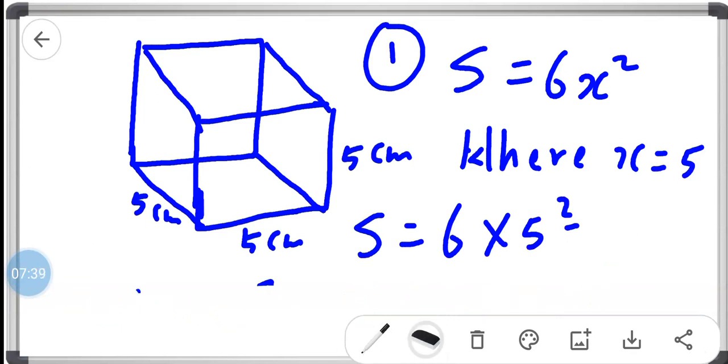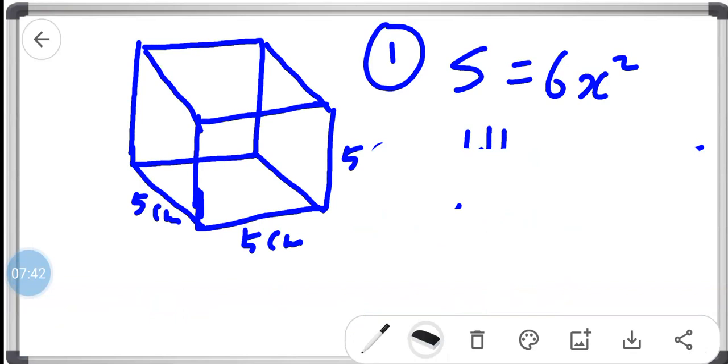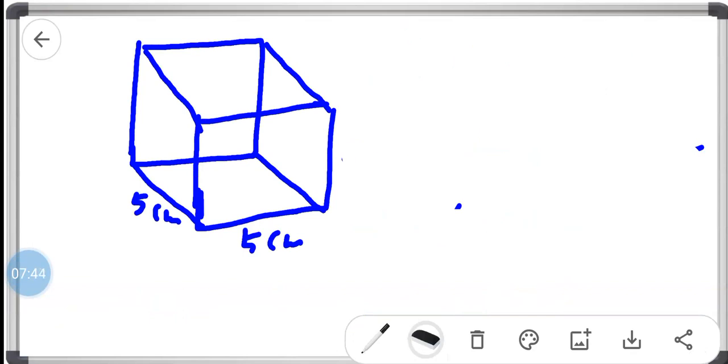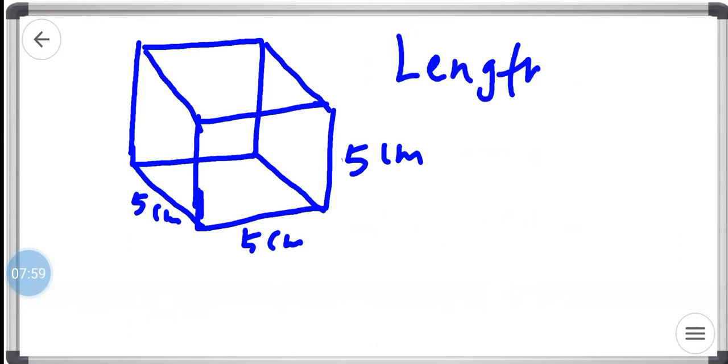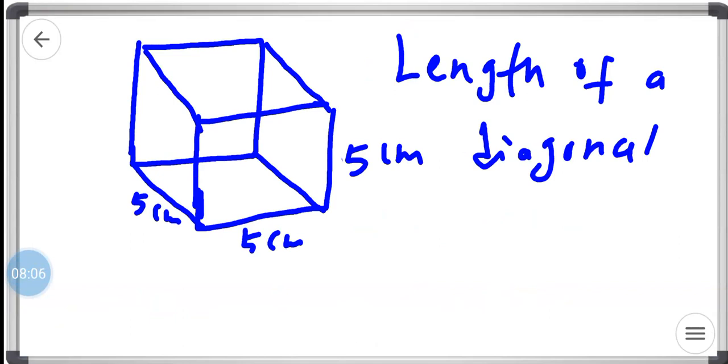Let's take the second question. Don't forget x is 5 centimeter. For the second question, we're told to calculate the length of a diagonal. Now we said the length L equals x root 3. That's the formula we are using.